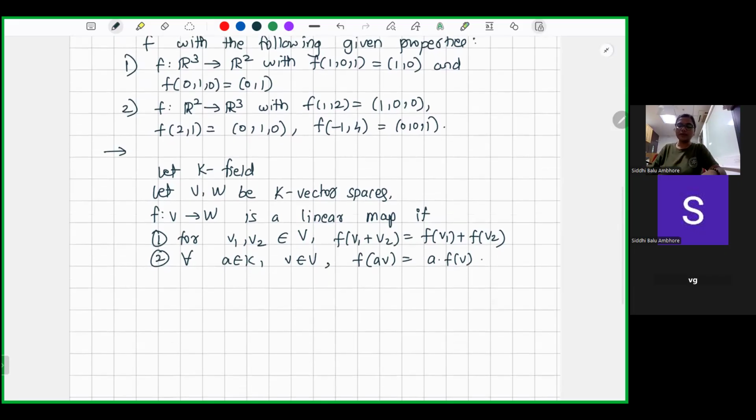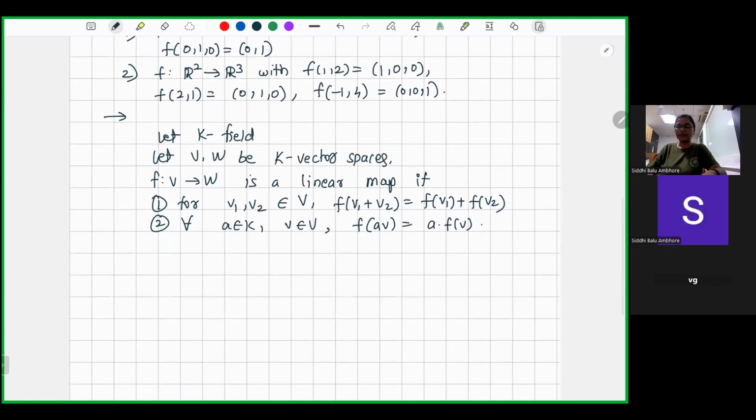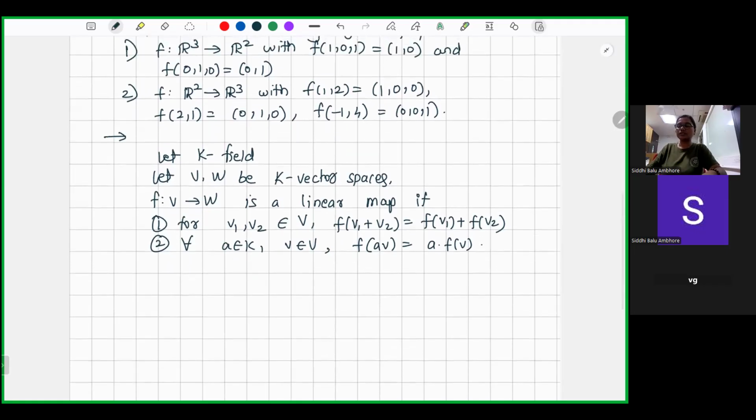So when F is a linear map, F operated on the addition of two vectors must be the addition of F operated on those two vectors.